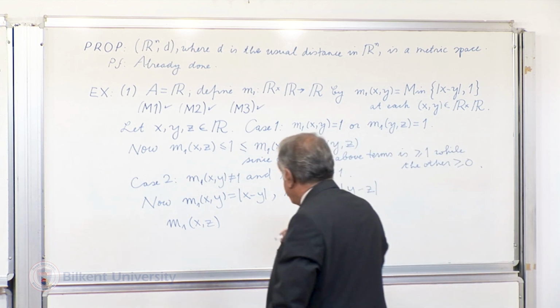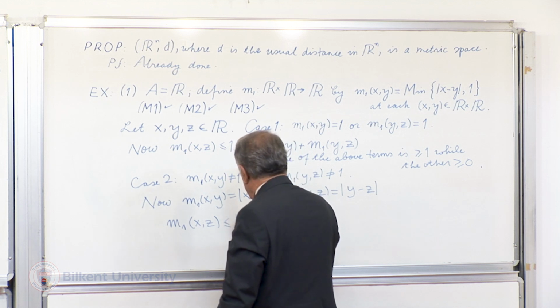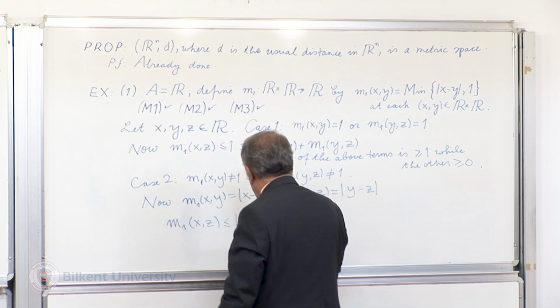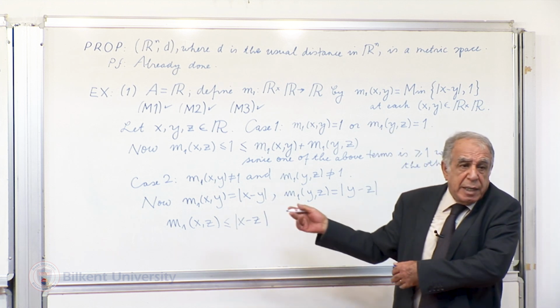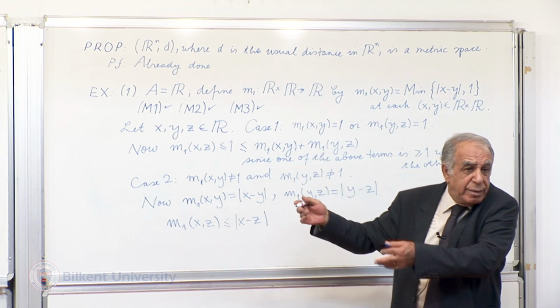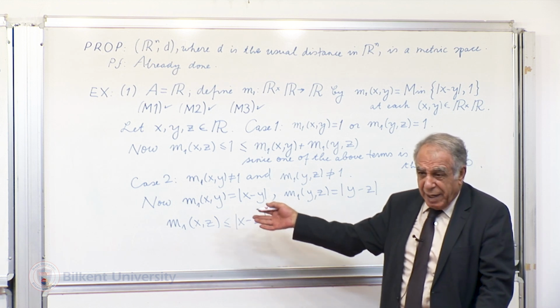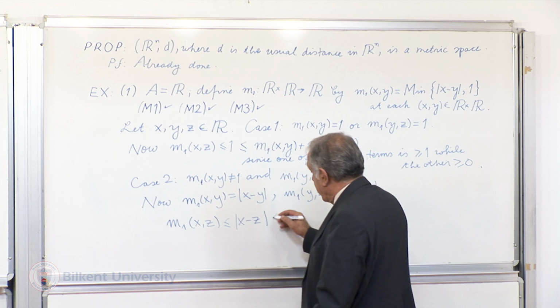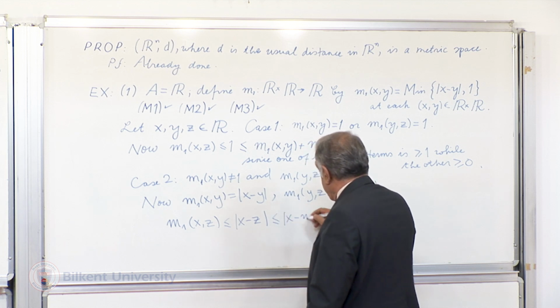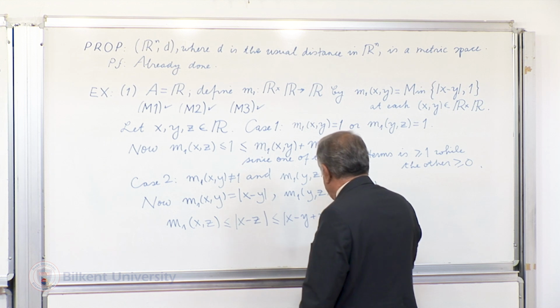So in particular, it's less than or equal to the absolute value of x minus z. Now let's apply the famous trick here. x minus y plus y minus z.